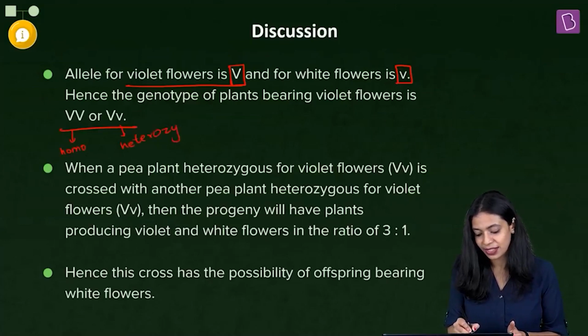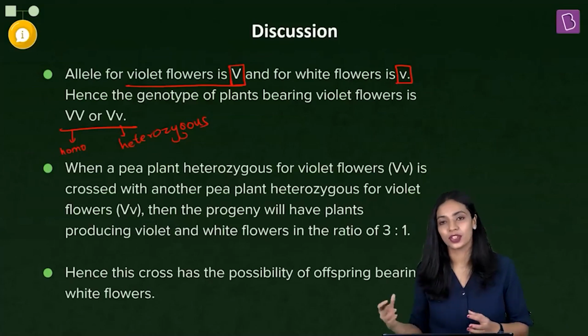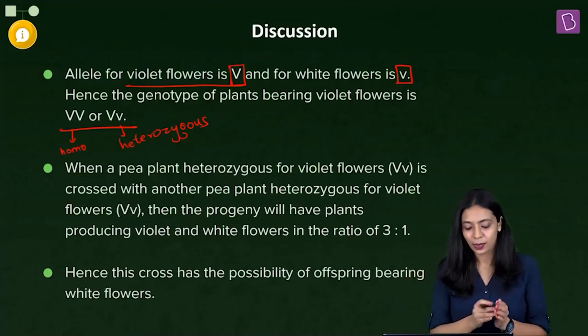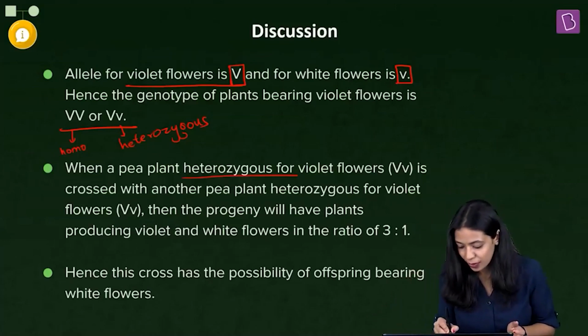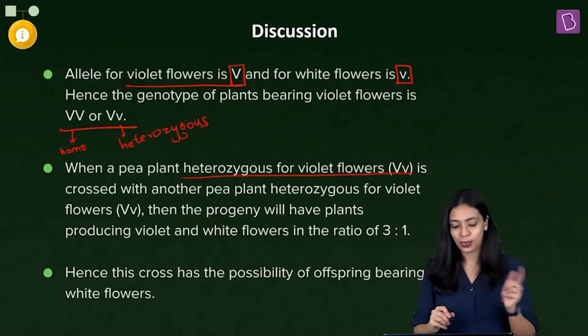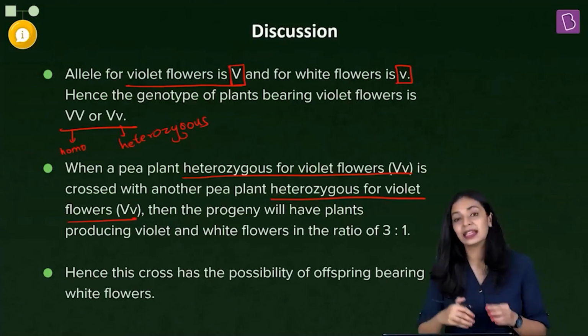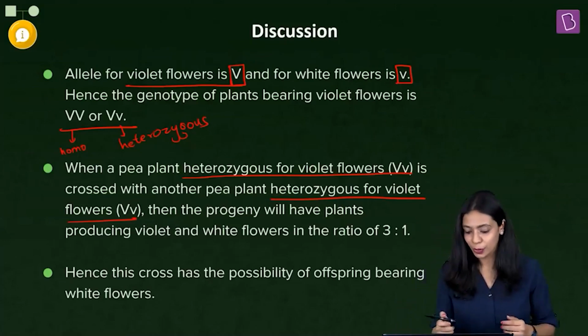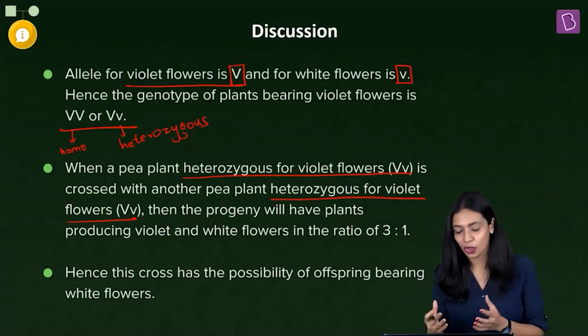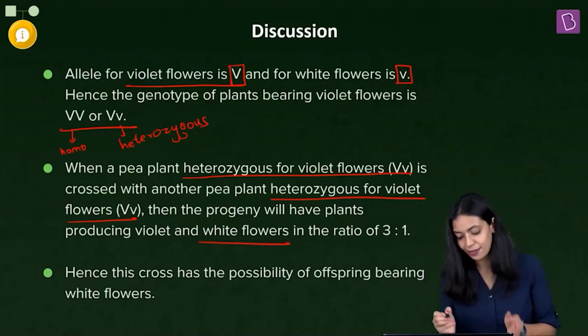But in the question, it is given to us that the plant is heterozygous for the production of violet colored flowers. So when a pea plant that is heterozygous for violet flowers is crossed with another pea plant which is also heterozygous for violet flowers, then there is a possibility of producing a progeny that will have white flowers.